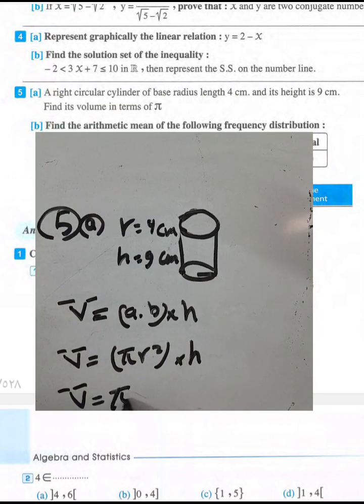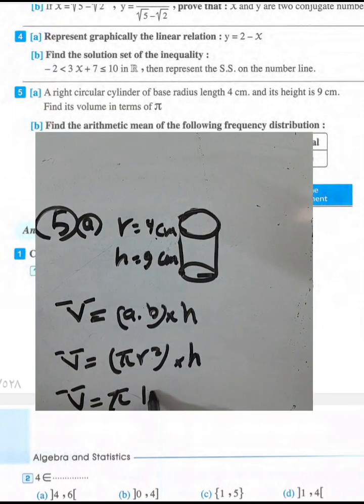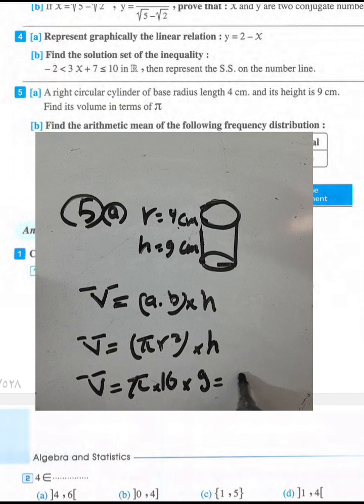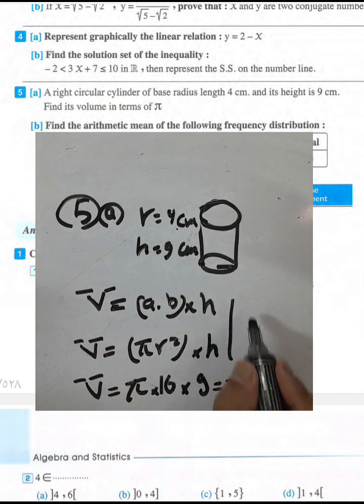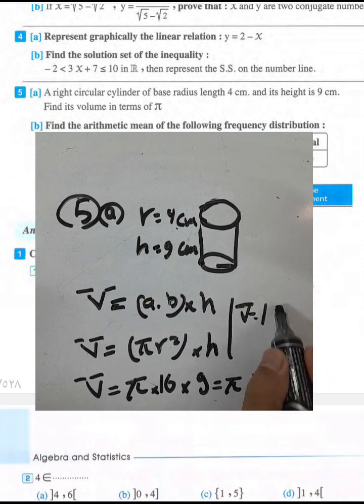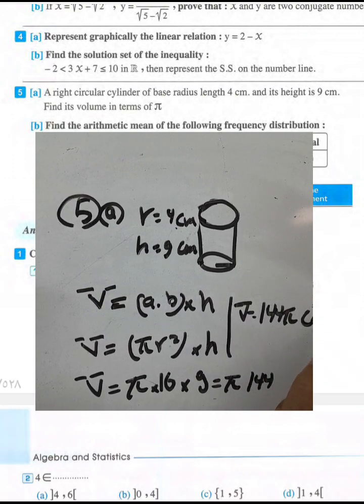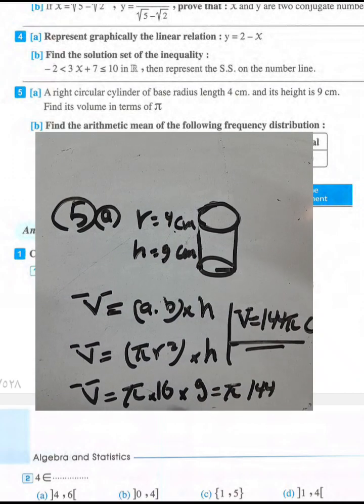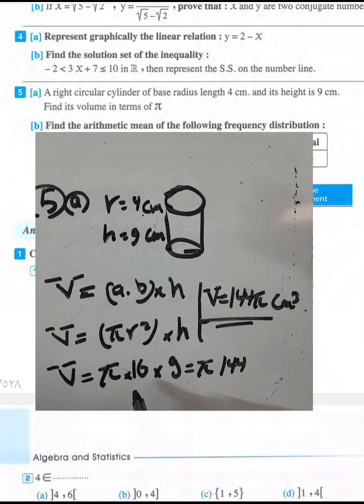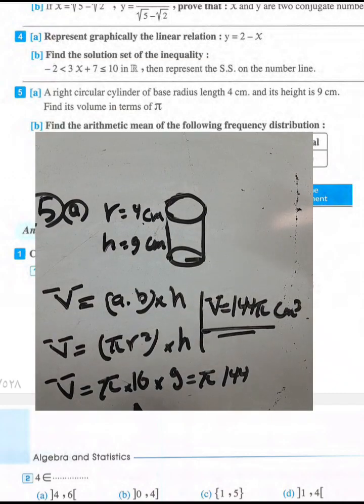Okay, write here the radius 4 squared, which is 16, times the height 9. Then we can write pi here, and 16 times 9 is 144. Then the result is that the volume will be 144 pi cubic centimeters. It's the volume of the circular cylinder. Okay, 144 pi cubic centimeters.